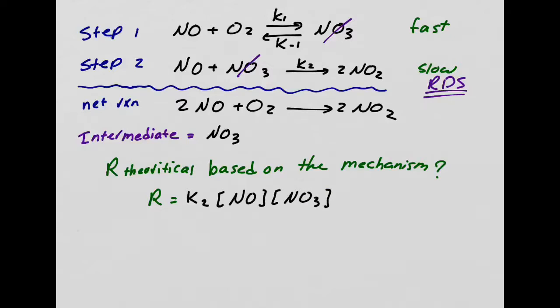You guys are good? Okay. Again, it's a rate law: rate constant times the concentration of the reactants. I have NO and I have NO2 and NO3. And we also said that if you're using an elementary step like we are here, the coefficient can be the order. The coefficient can be the order.